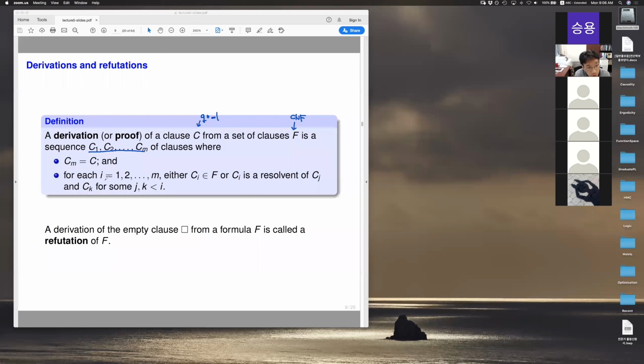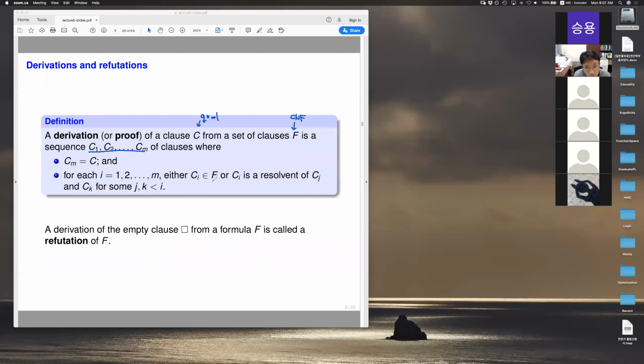Each step of the proof, for i equal to 1 up to m, either comes from the given CNF formula F, which means it can be an assumption in our proof, or this Ci should be obtainable from two previous clauses Cj and Ck by applying the resolution proof rule. So Ci is a resolvent of Cj and Ck. This is the condition that has to be satisfied.